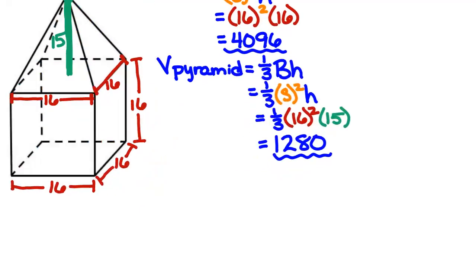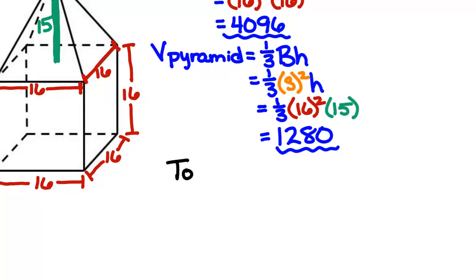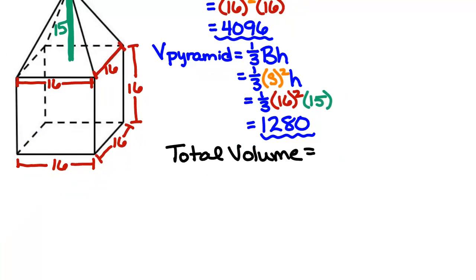All right, so now we can find our total volume. We're going to add 4,096 and 1,280 together.